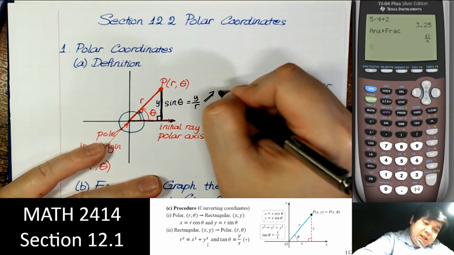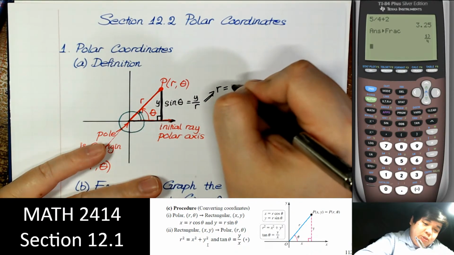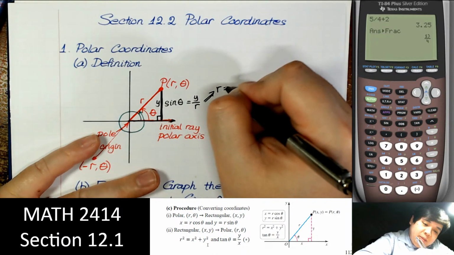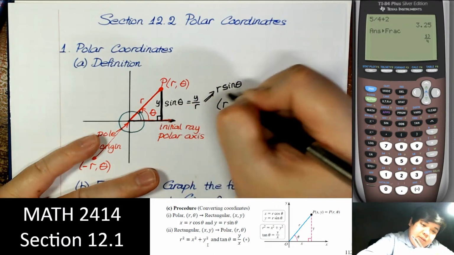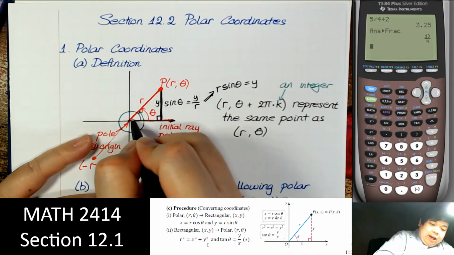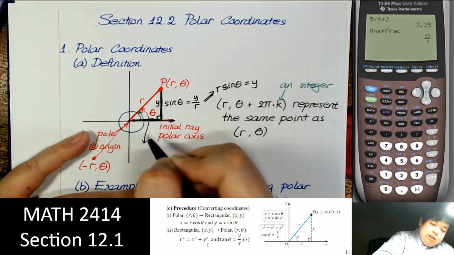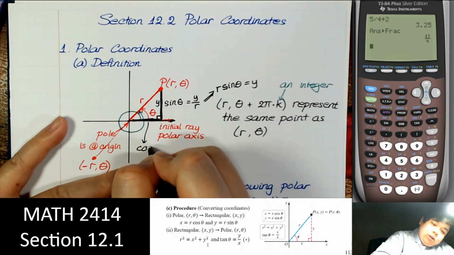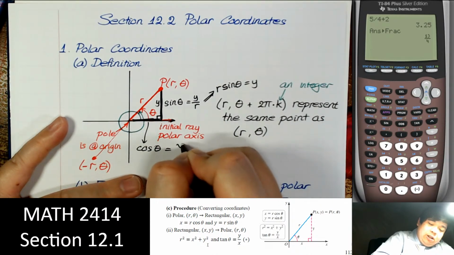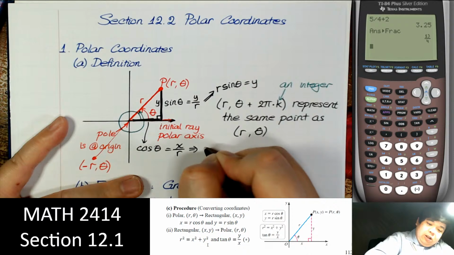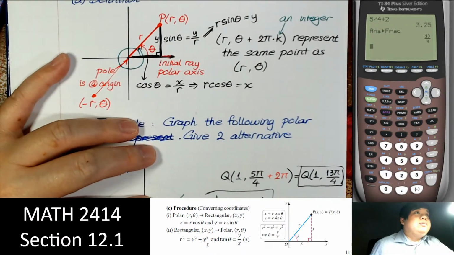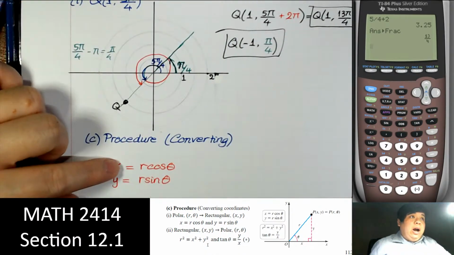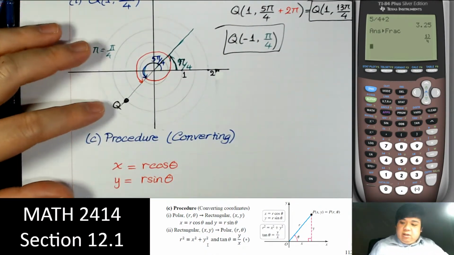So with that, r sine theta is equal to y, and this is adjacent. Cosine is adjacent over hypotenuse, and r cosine theta is equal to x. So x is r cosine theta, y is r sine theta.